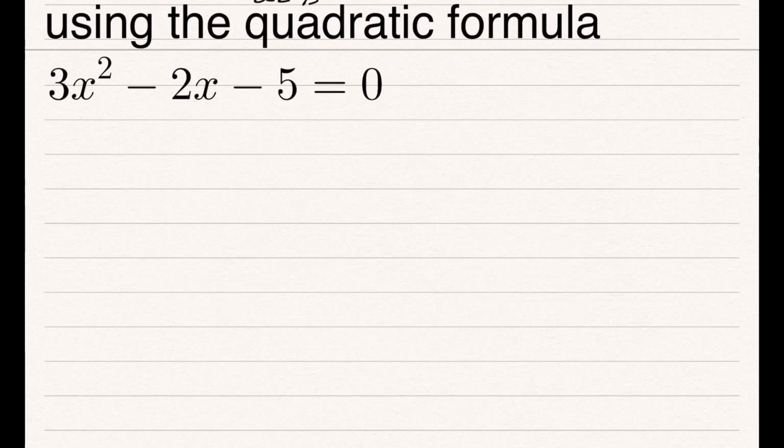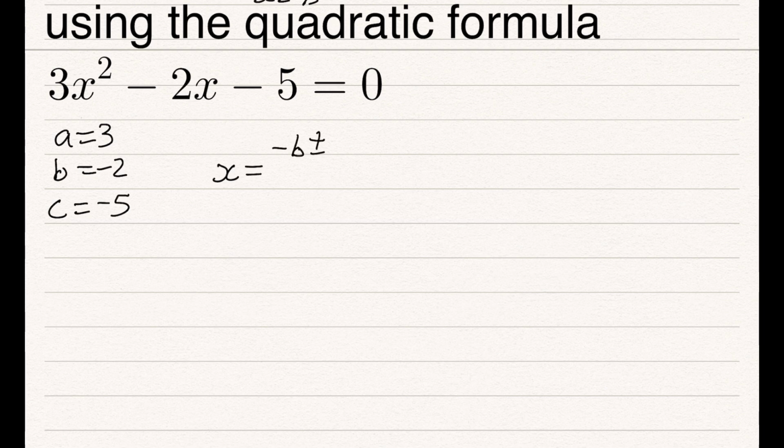Finally, we can solve this with the quadratic formula. So again, all we have to do is identify a, which is our leading coefficient, 3, b, which in this case is negative 2, and c, which is negative 5, and then plug them in. X is equal to negative b plus or minus square root b squared minus 4ac all over 2a.